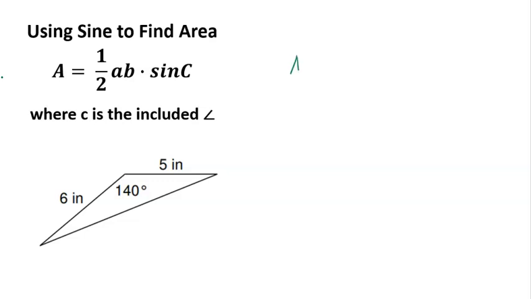So we have A, or the area, is equal to 1/2, and then you have your two side lengths. And this is where C is your included angle. So C has to be in between the two lengths.